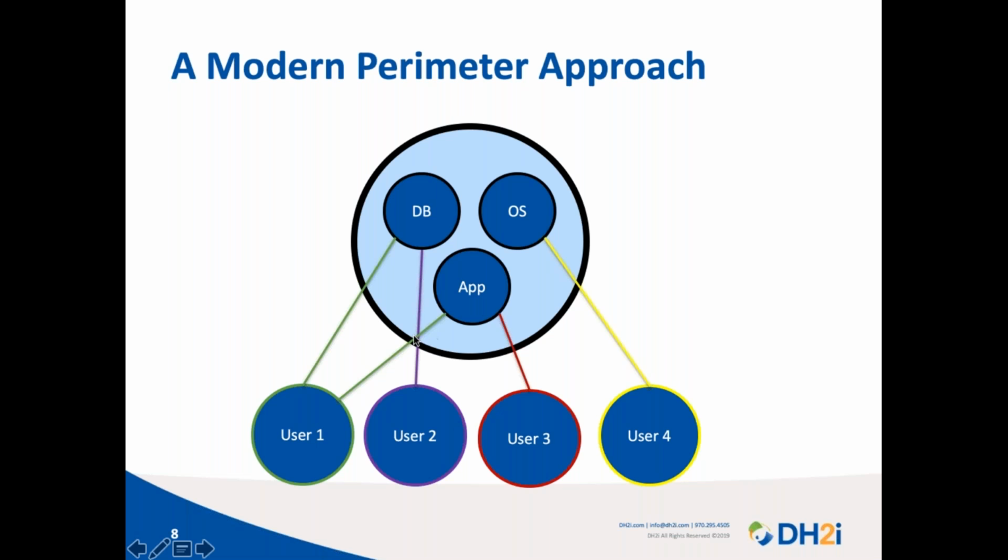They do not have network level access into the inside of the perimeter. All they would see is the applications that they've been designated access to, and so on and so forth for various other users or applications or servers or services that we need to connect between sites, between users, and between clouds.